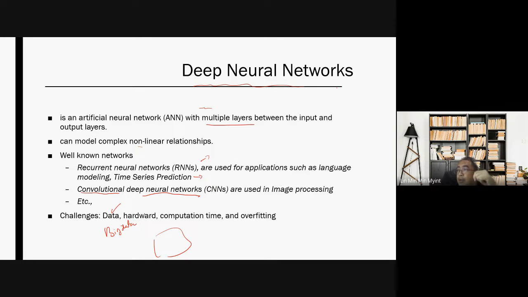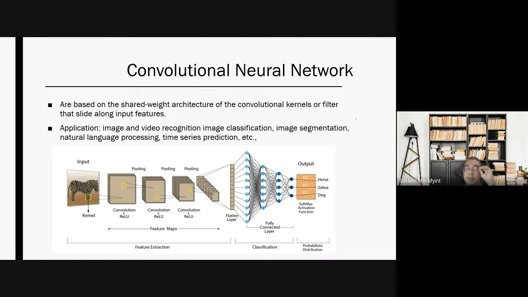But currently you can get a lot of large data, and that is why it enhances deep neural network design. Then there is the hardware: you need a very high-speed GPU or something like that, and it takes time to train your model. Sometimes overfitting can happen, but it can be controlled by regularization.